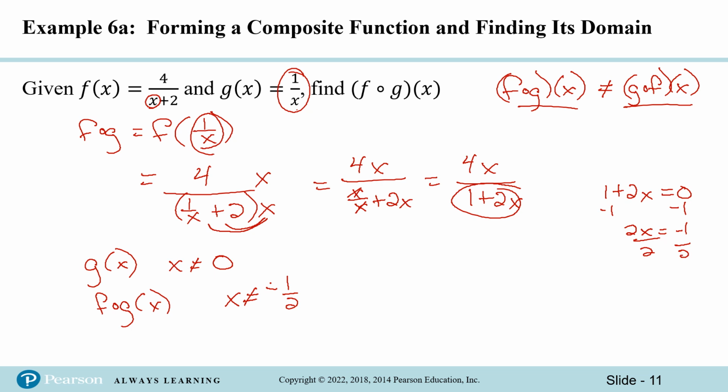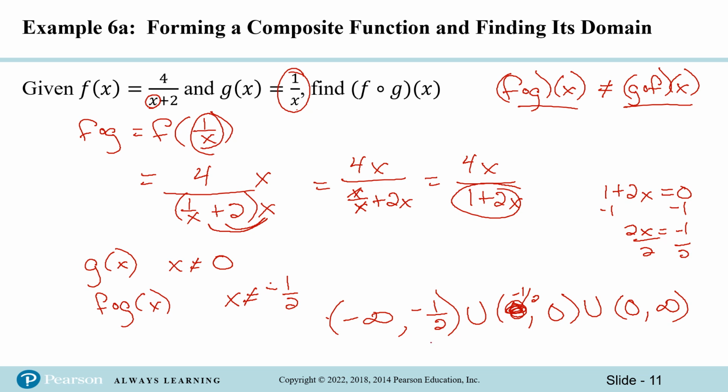So there's my -1/2. So I have to exclude 0 and -1/2. Oops, sorry, that should be -1/2. So this says exclude -1/2 and exclude 0. So there you go, there's your domain.